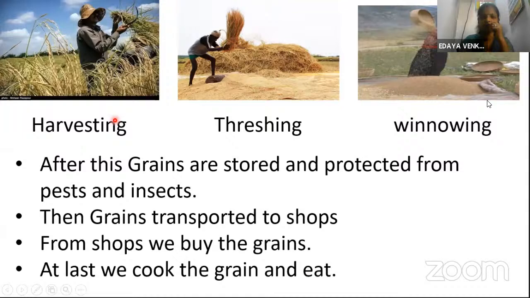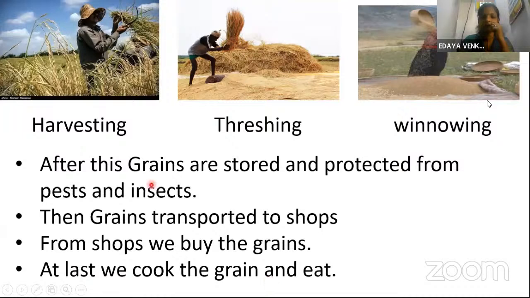So after undergoing the various processes of farming, the grains are stored and protected from pests and insects. Then they are transported to shops. From shops we buy the grain and at last we get the cooked food to eat.